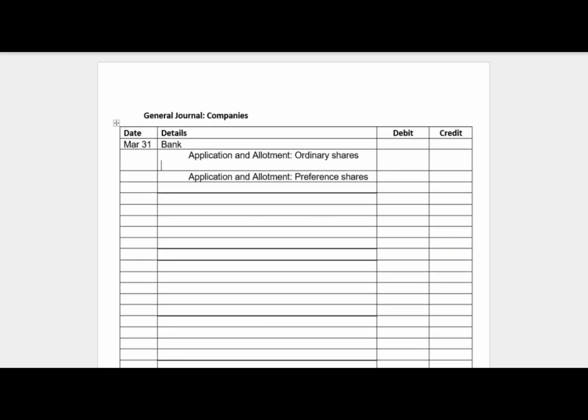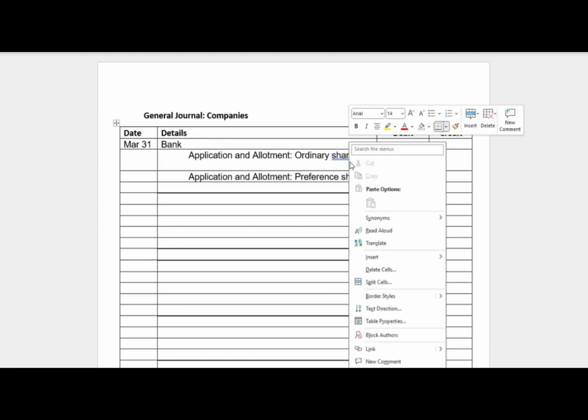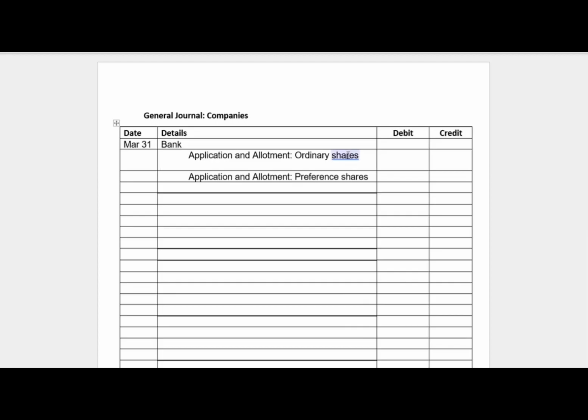All right. And then now, after that, you're going to do the calculation. We're going to do the calculation. All right. So the calculation is there.